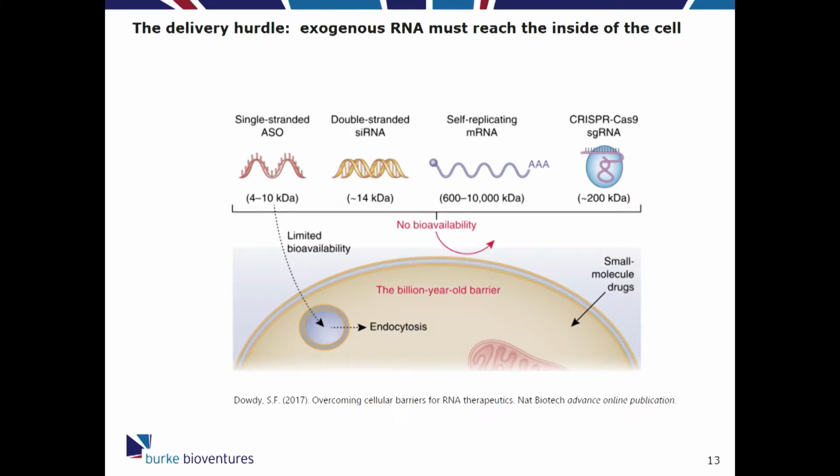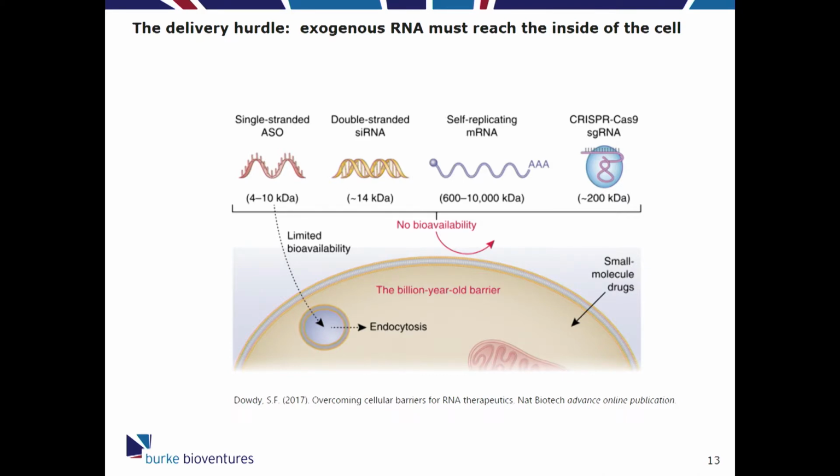Here's a nice figure from Steve Dowdy's review that came out last year in Nature Biotech, and it shows not just the significance of the hurdle, but also with the cargo types, the big range that this meeting covers. On the left, you see single strand, where there is some limited bioavailability across the cell membrane. But as you go to larger cargo types, that's simply not the case.